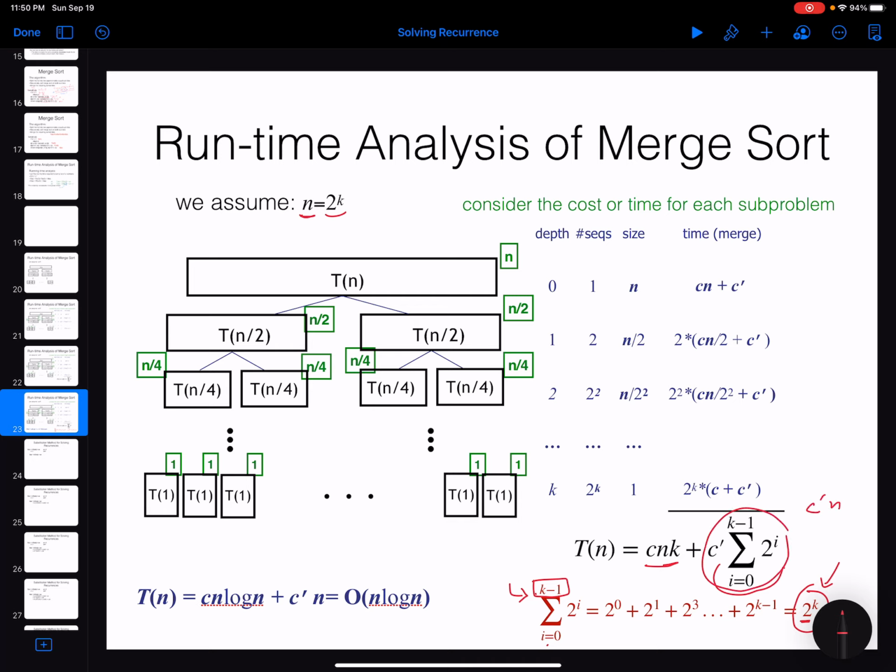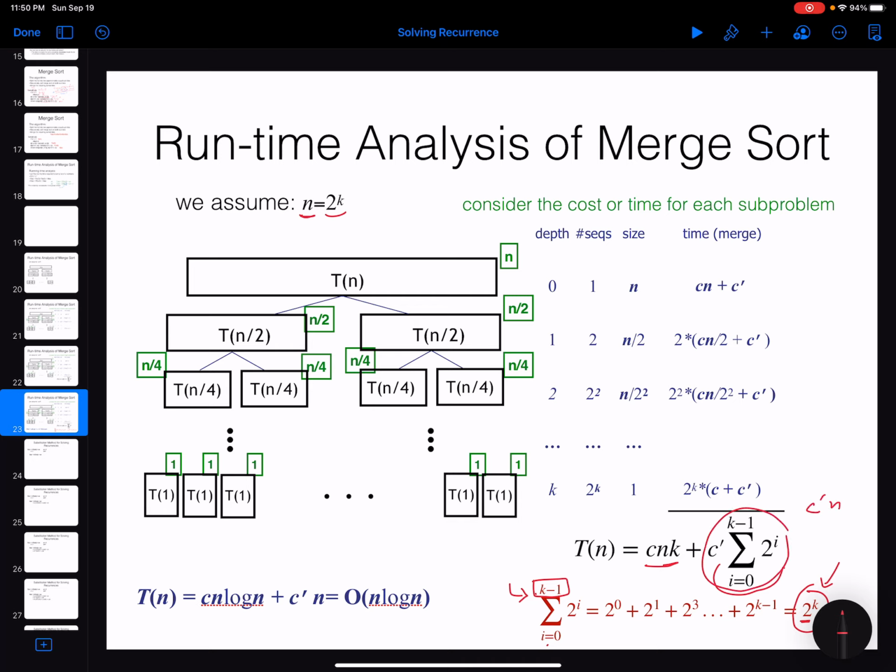This is going to be 2 to the power of k, whatever the depth of this tree is, which is when n divided by 2 to the power of k reaches 1, so k is going to be log n. Okay, so I need to get the summation of all of this cost.